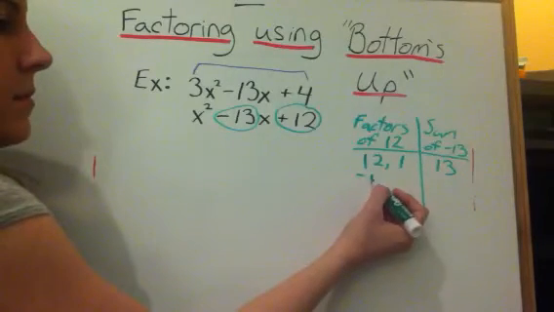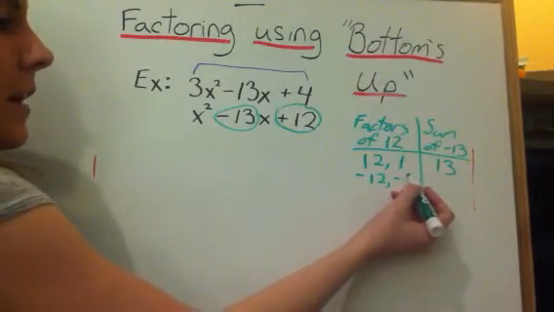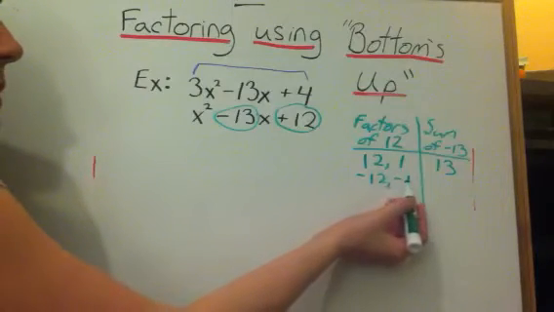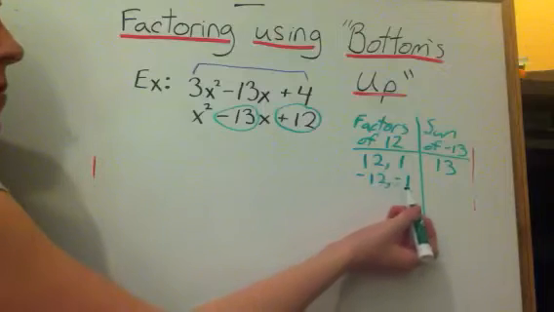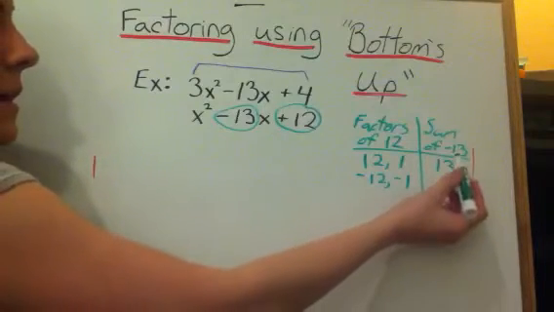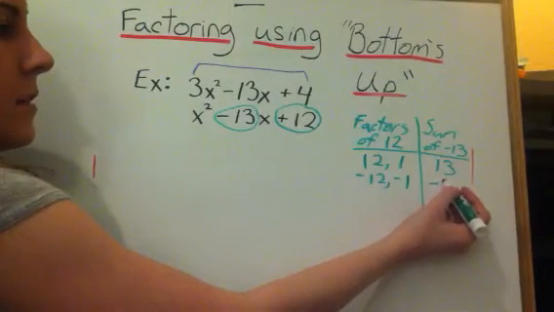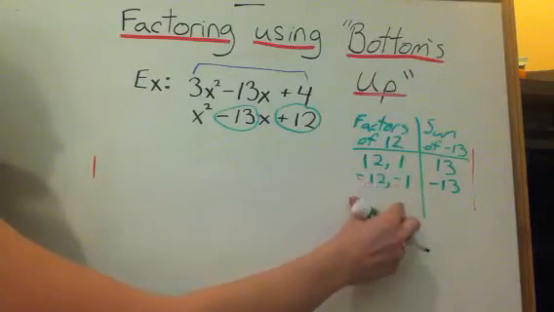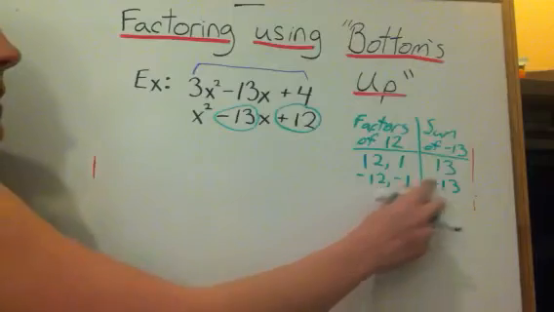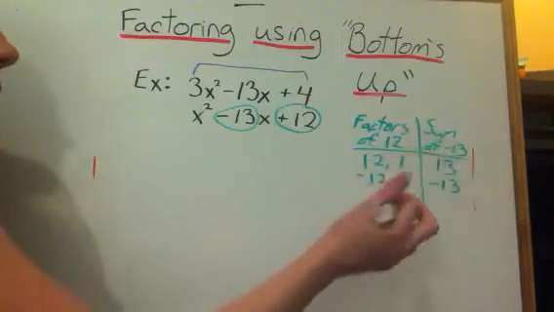So we can put negative 12 and negative 1. Let's try that. Negative 12 times negative 1 gives me a positive 12. And negative 12 plus negative 1 gives me negative 13. Sometimes it takes a while doing the chart here. You just have to keep listing factors of 12 until you find one that adds to give you negative 13.